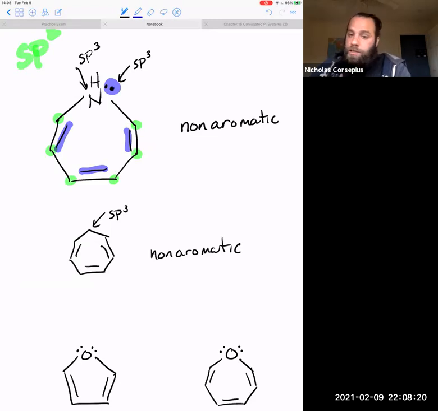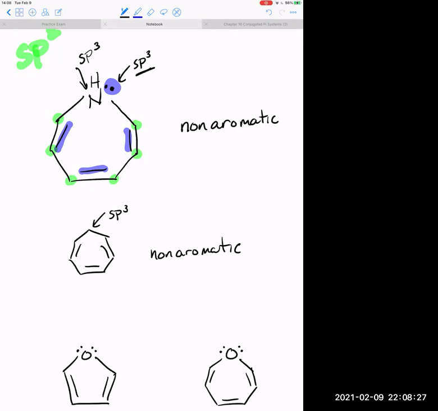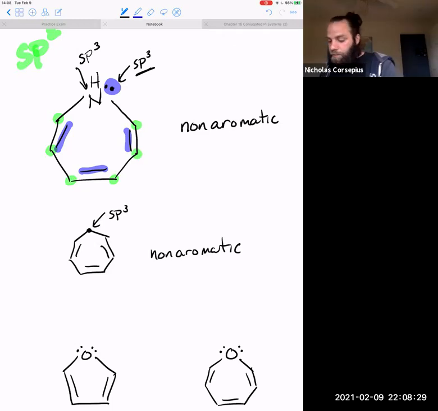So instead, it's just not going to include the pair of electrons. It's going to stay sp3 hybridized. So it's no different than this example here, where this carbon atom is sp3 hybridized, so we call it non-aromatic.